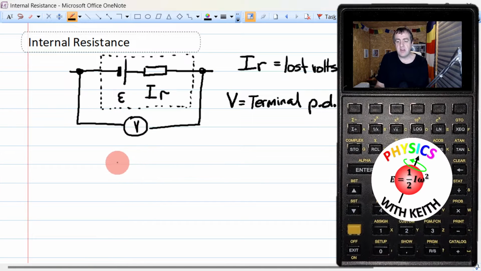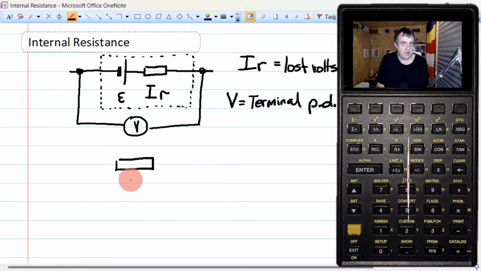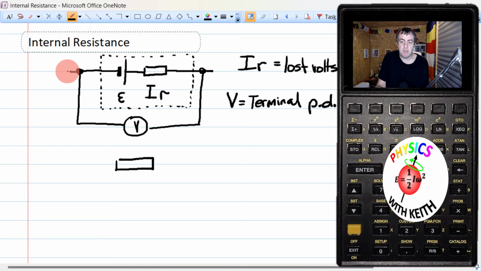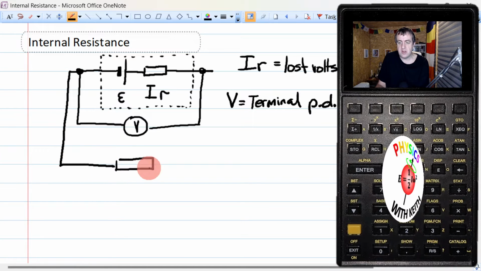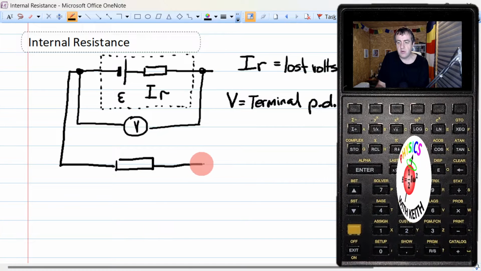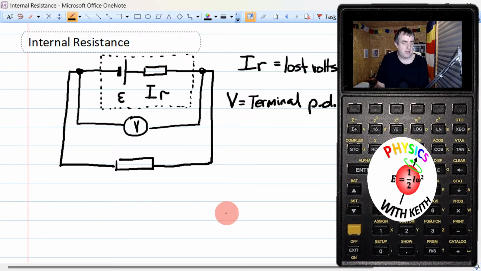Now, if I connected this up as a circuit, so I took another resistor, what we call a load resistor, which would have resistance big R, capital R. If I connected this circuit to this load resistor, current will now be able to flow, because we now have a circuit.